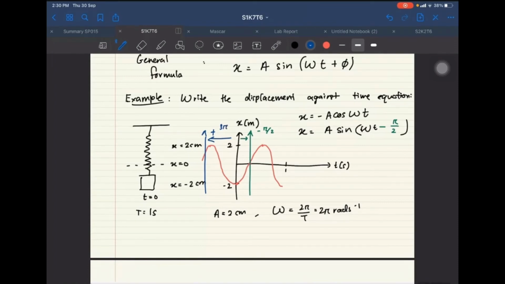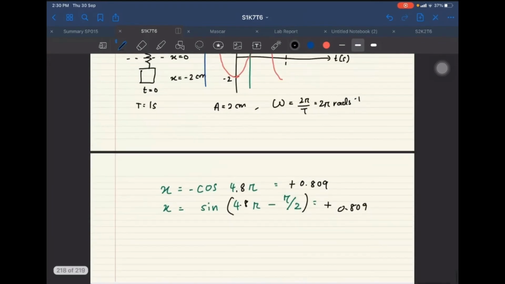1.5 pi. So at the same time, you can also write this as x equals a sine omega t plus 3 pi over 2. To check whether this is the same or not, you can always double check down here.